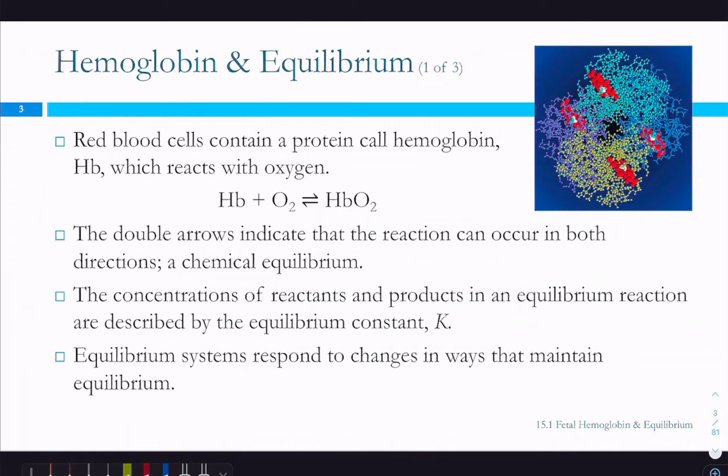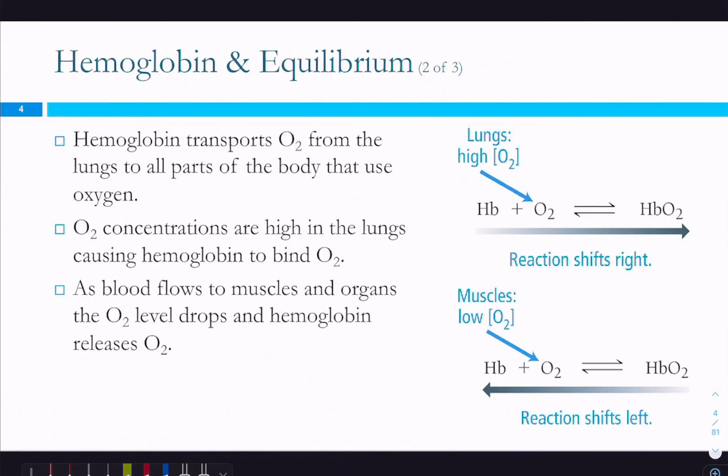And equilibrium systems, and this is why hemoglobin works, respond to changes in ways that maintain equilibrium. So they always want to have that preferred balance of reactants versus products. So if you add more products, they'll decrease the amount of products and increase the amount of reactants. For hemoglobin, it's transporting oxygen, so it needs to be able to pick up oxygen in your lungs and deliver it to oxygen-deprived tissues.